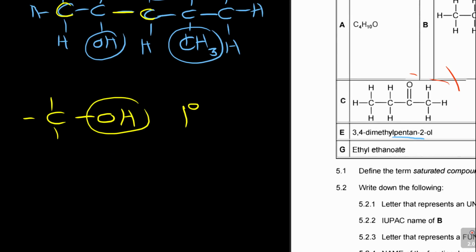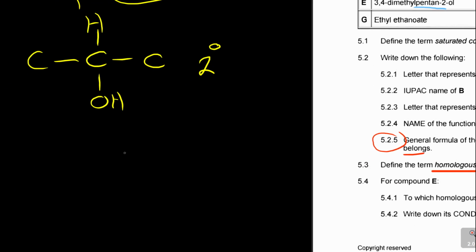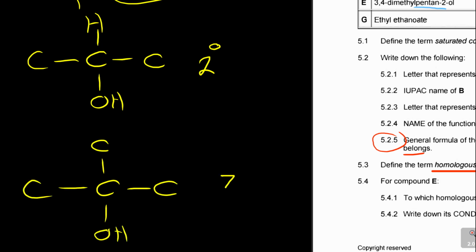If it's secondary, it is more like you've got a carbon and a carbon, and then it's in the center like this. And then here there is H. This becomes a 2 degree, secondary. If it's tertiary, it's C, and then you have a C there, a C there, a C there, and then you've got OH. Then this is tertiary.